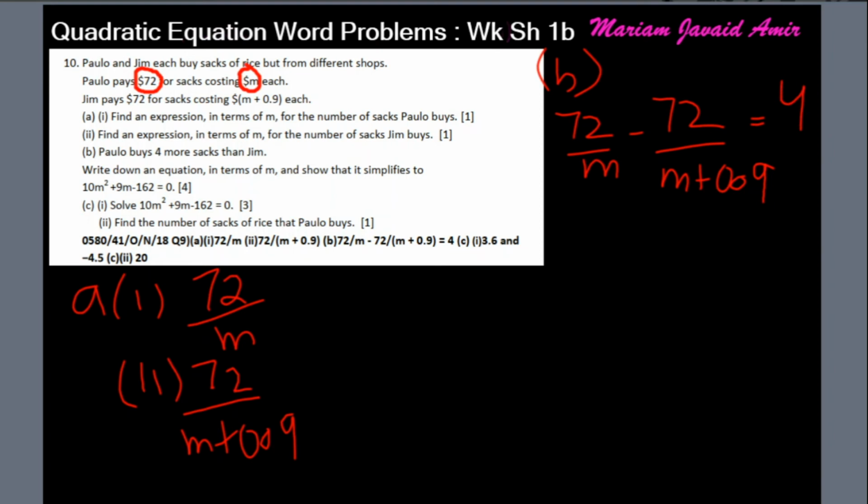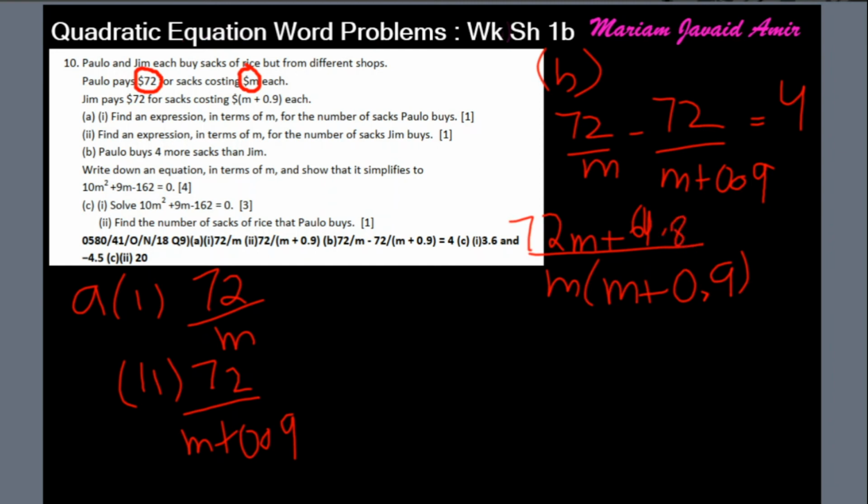We're taking LCM, we get M times M plus 0.9 is 72M plus 72 times 0.9 is 64.8, minus 72M equals 4M times M plus 0.9.